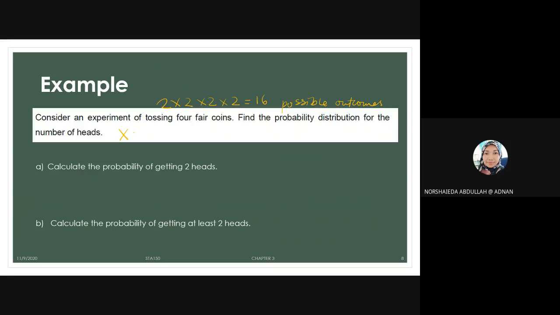So the random variable that we want to consider here, x, is the number of head. And then we want to calculate the probability of getting 2 heads and the probability of getting at least 2 heads.